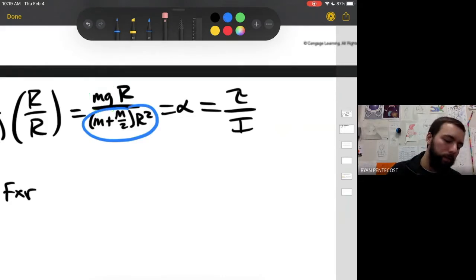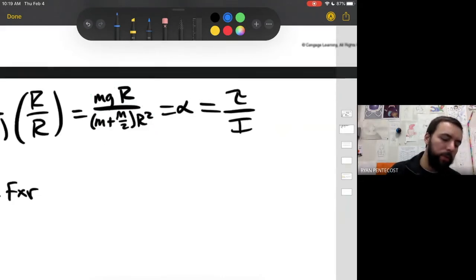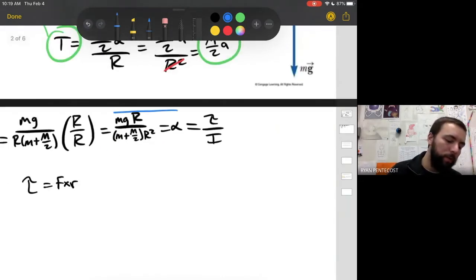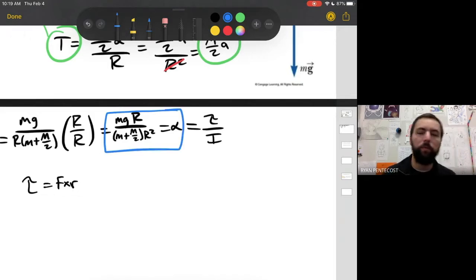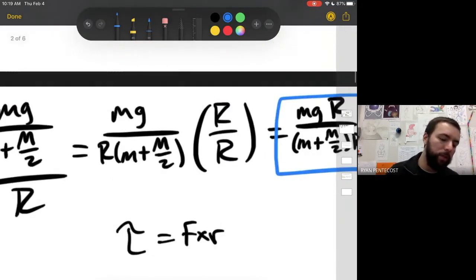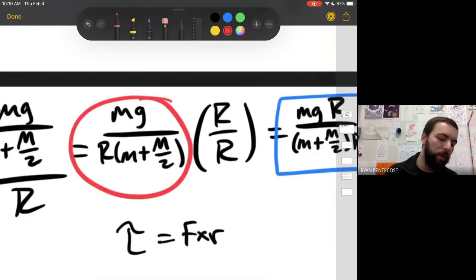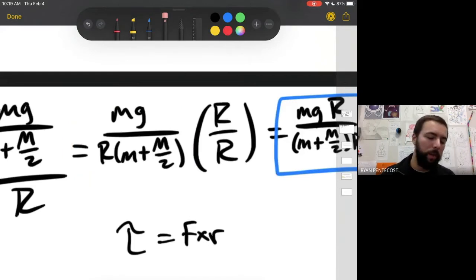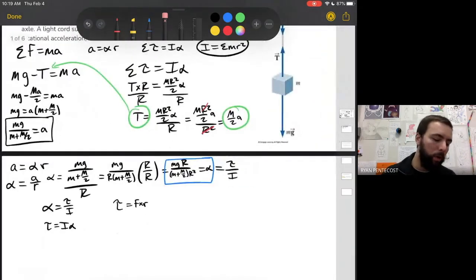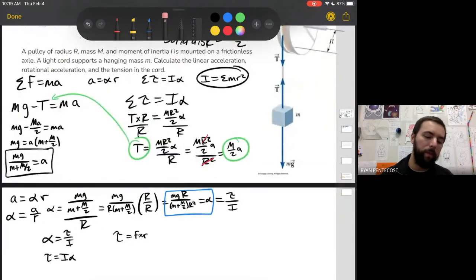So that is how you want to solve for your alpha. You want to get that in terms of torque over moment of inertia, because if you just stick with this and try to use that in terms of torque and moment of inertia, it falls apart because this isn't in the correct format. So we have in blue our alpha, in black our acceleration, and in green our tension. That's how we were able to solve that problem.